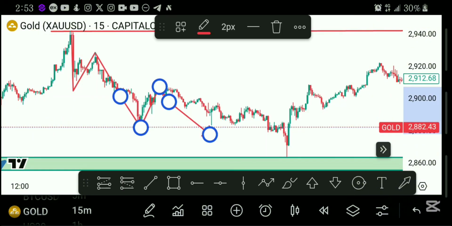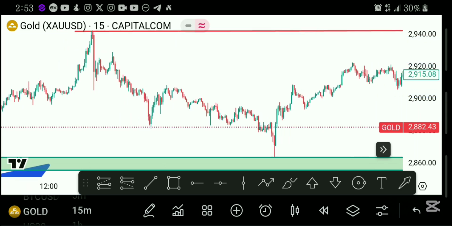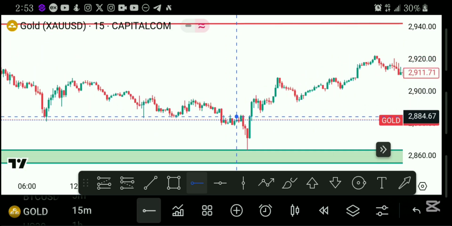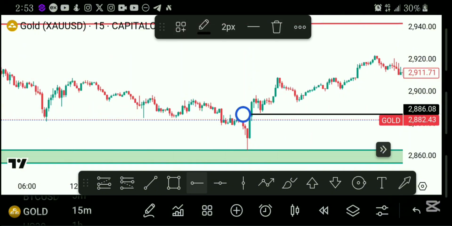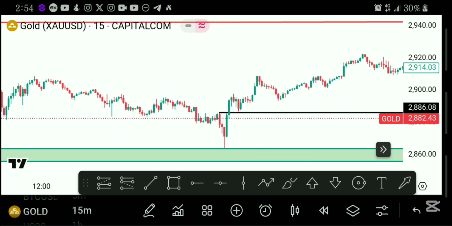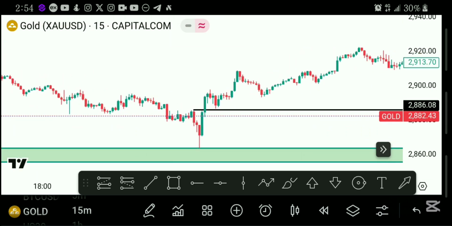So the market went into a temporary downtrend, and then what are we waiting for? Wait for a confirmation for market to break a structure. That's the last structure. If market is able to break above this, then I'll look for my what? I'll look for my entry.